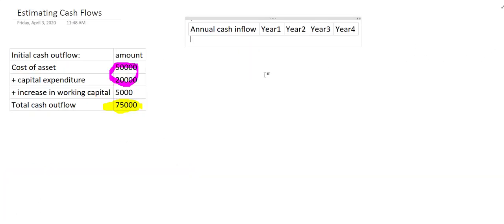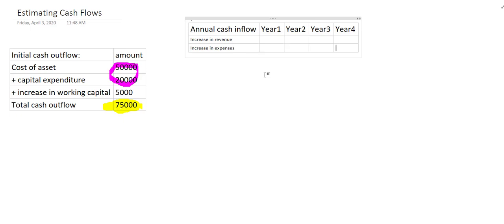So mention here increase in revenue for year 1, year 2, year 3, and year 4, right? Next, we have to see increase in expenses. We will mention increase in expenses as well.